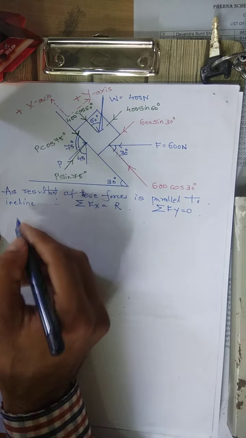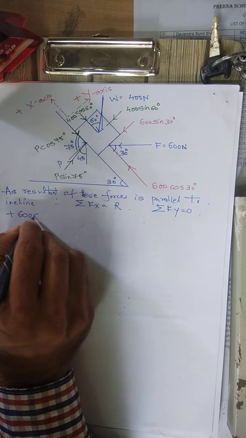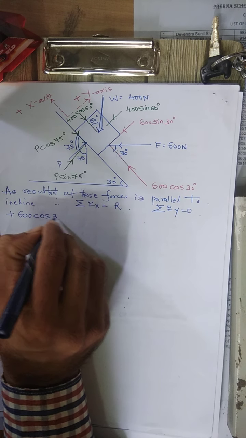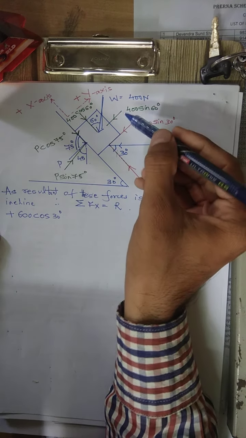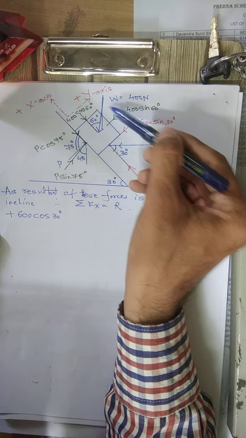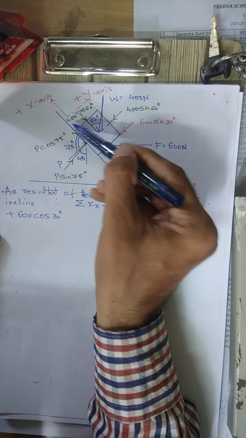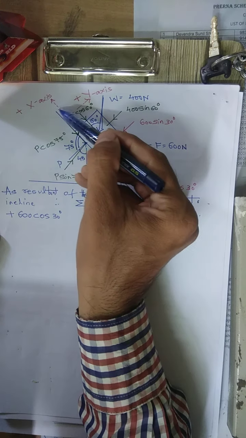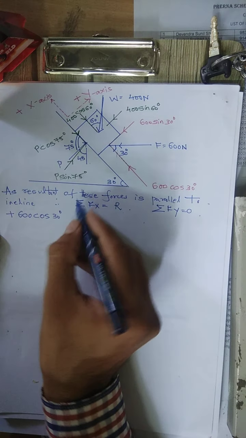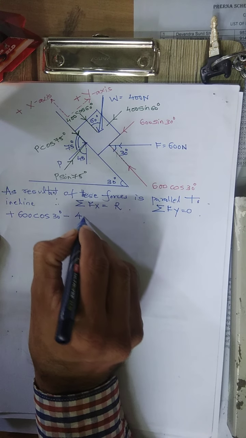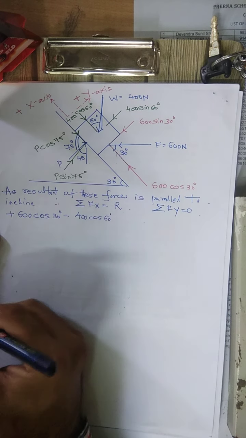Moving upside is positive, so plus 600 cos of 30 degrees. Okay, next force, 400 cos 60 is the x component, but upside is positive and we have this in the downward direction, so minus 400 cos 60.